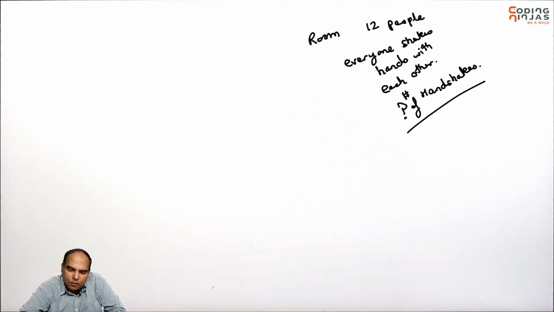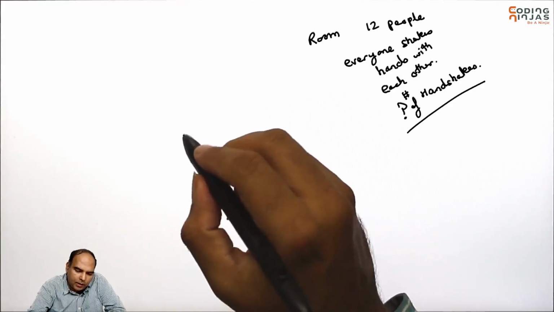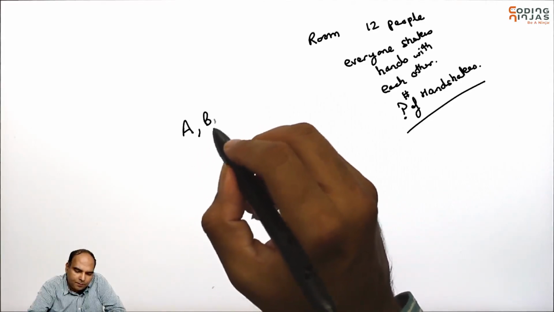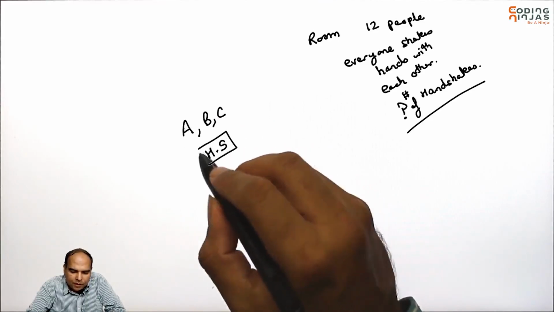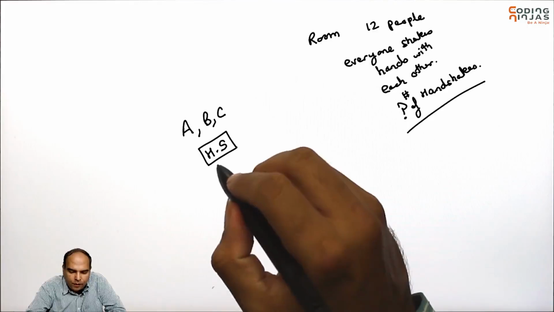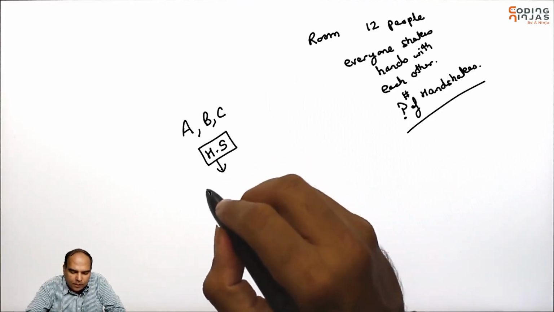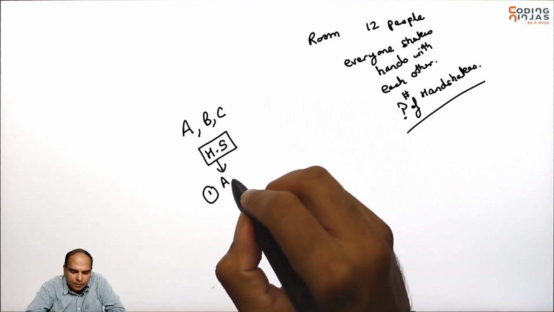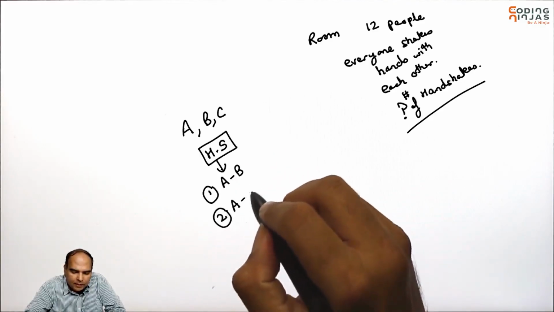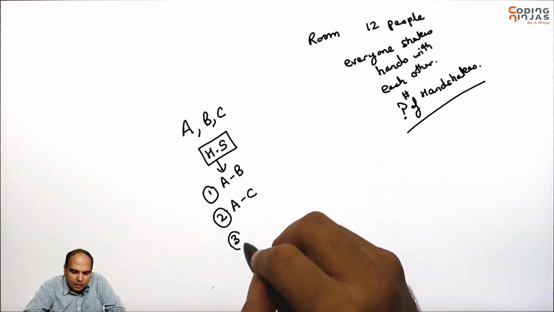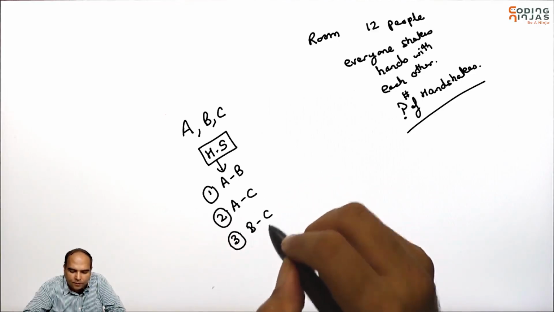And to understand why NCR applies here, let's take a scenario where there are 3 people, A, B, C, and you want to count the number of handshakes if everybody shakes hands with each other. So if you're trying to count the number of handshakes, you will say that the first handshake is between AB, the second handshake is between AC, and the third handshake is between BC.